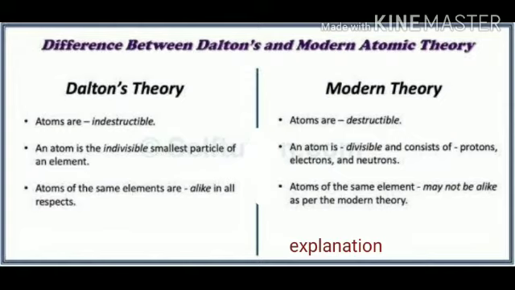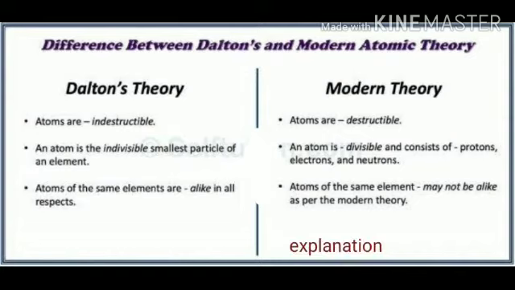In the second postulate, Dalton said atom is the smallest particle itself, but modern theory says atoms have more smaller particles, which are protons, electrons and neutrons. In the last postulate, Dalton said atoms of an element have same properties, but modern theory says it is not possible that all the atoms of an element are the same because the discovery of isotopes changed the approach of scientists.